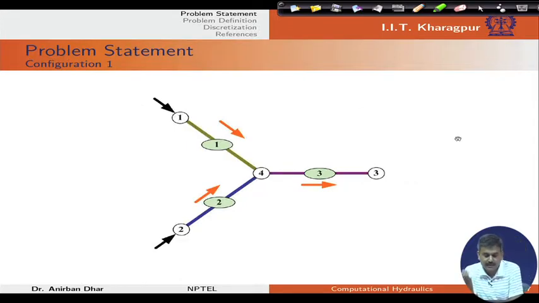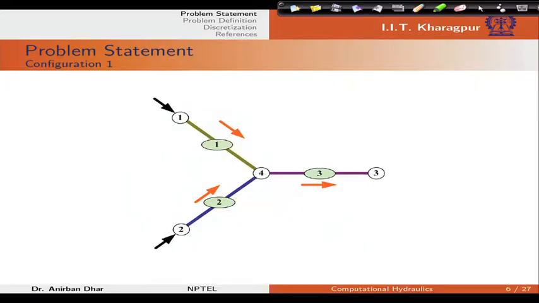So, first assumption is our channel flow direction, because we need to number our channel sections depending on the flow direction. So, I will try to follow the same convention that I have used for our steady state flow situations.